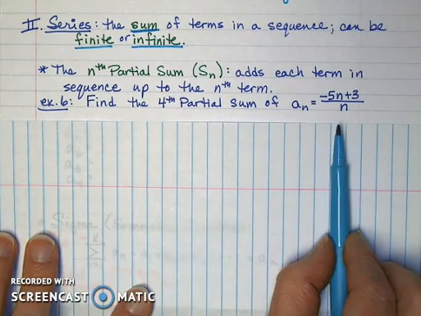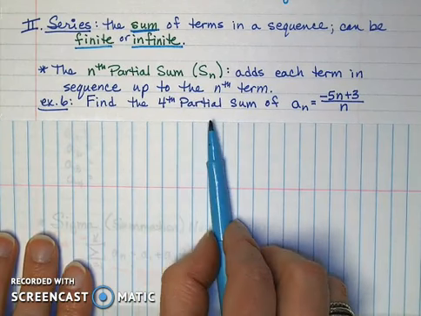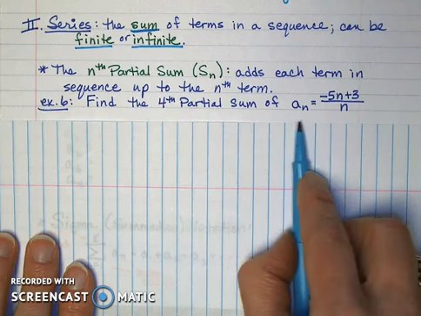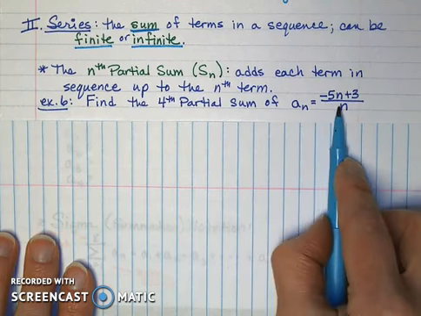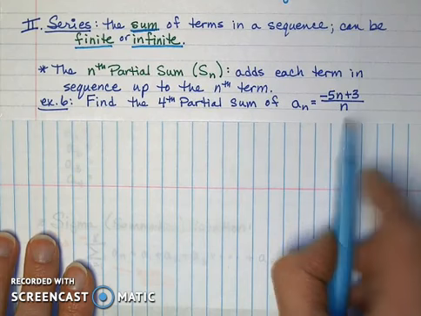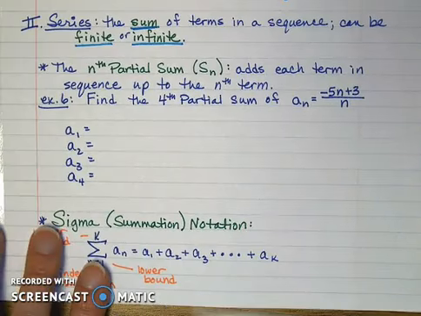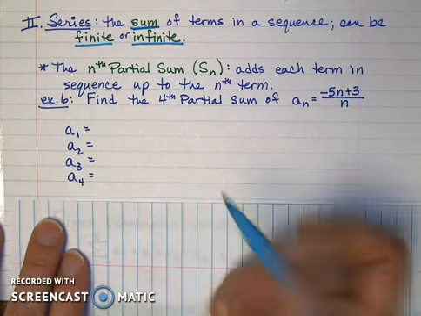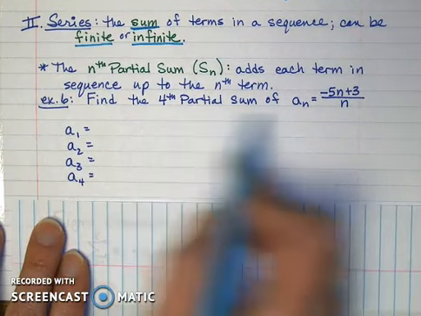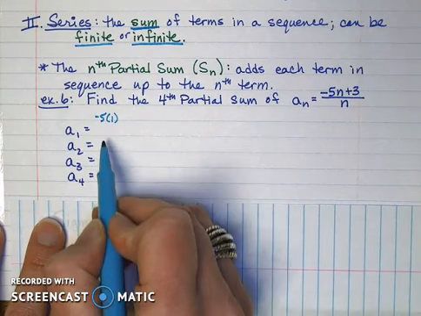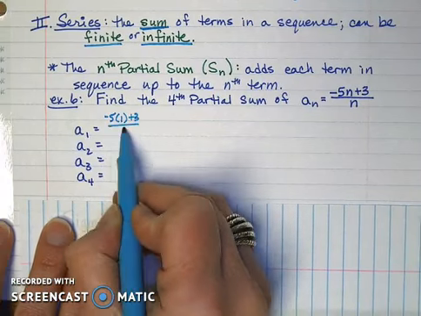We're going to find the fourth partial sum of this function. a sub n is negative 5n plus 3 over n. It's not very hard, but let's go ahead and plug that in. So the first term would be negative 5 times 1 plus 3 divided by 1.